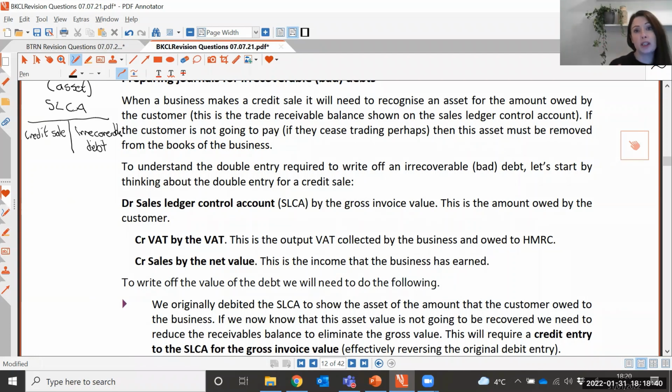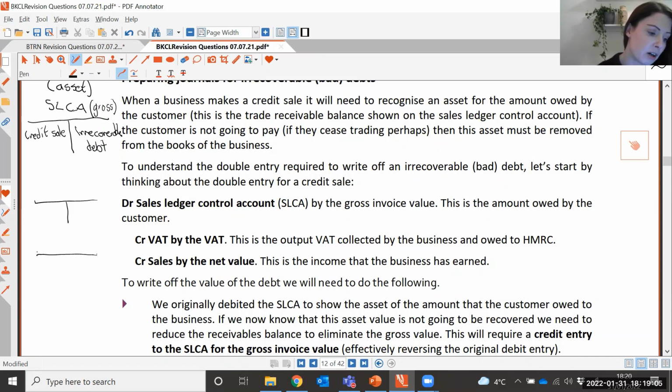And this would reduce the asset, reduce the amount that that particular customer owes us. And remember, with double entry, we've got to have an equal debit for every credit. And just remember, the sales ledger control account is our gross figures.